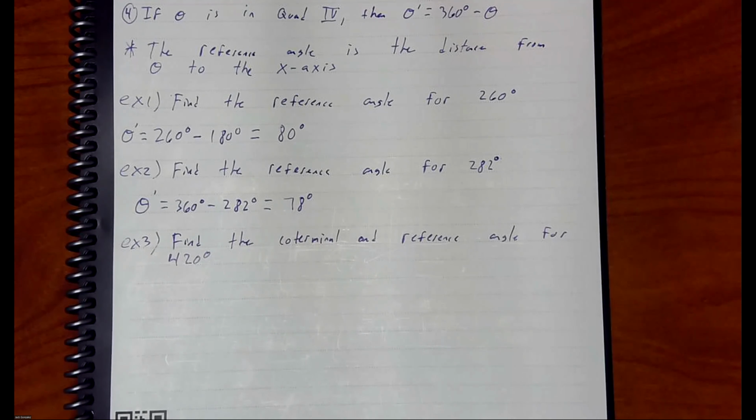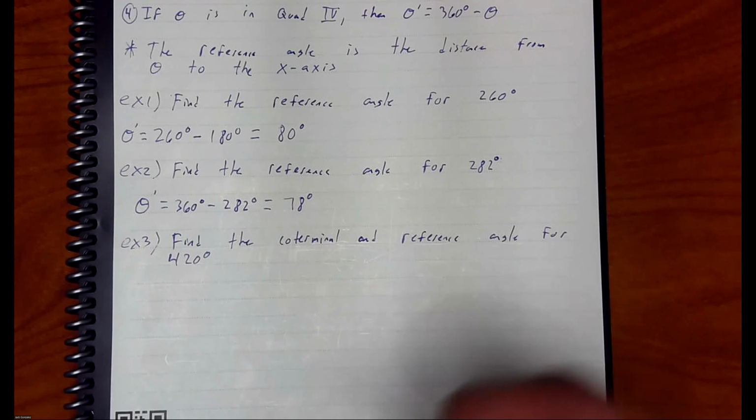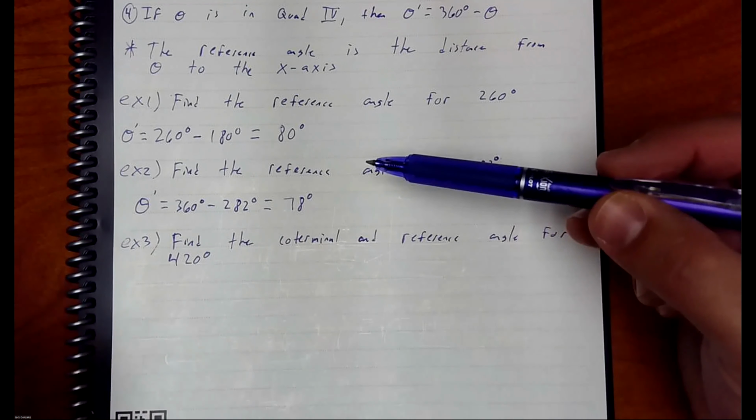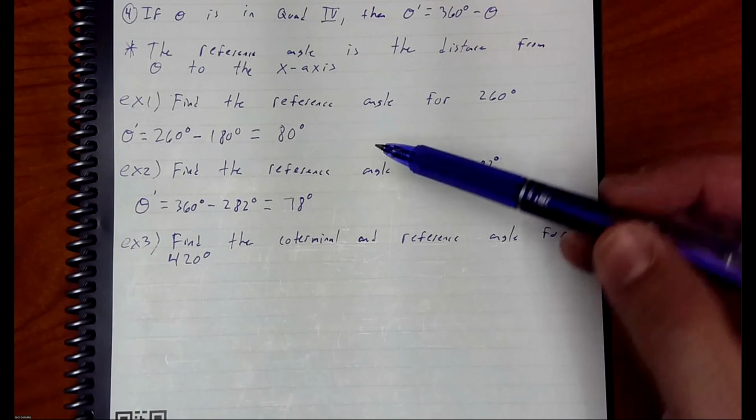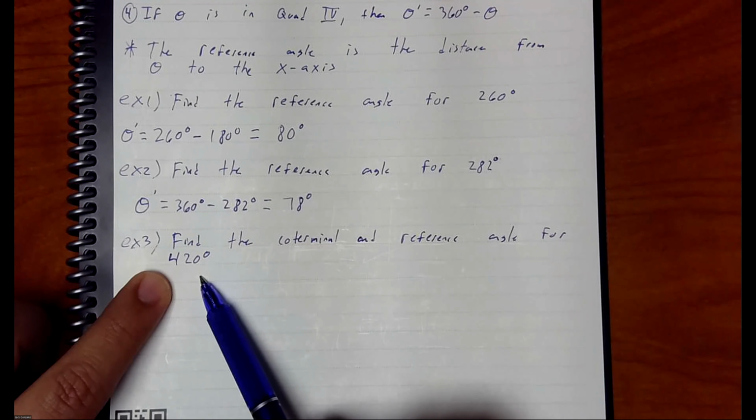Now that it's really large, you have to first find the coterminal. Once you find the coterminal, then we can talk about reference, because you can't figure out reference until you know where you're at.